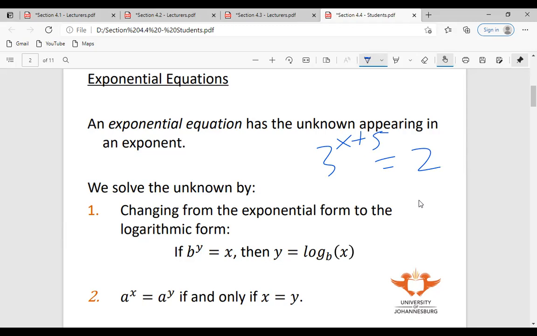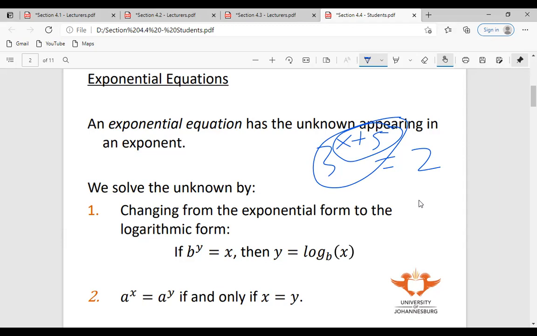So the issue here is to remove the x expression from the exponent and bring it down somehow without changing the question, before you can solve. You cannot solve for x while x is in the exponent of this expression.